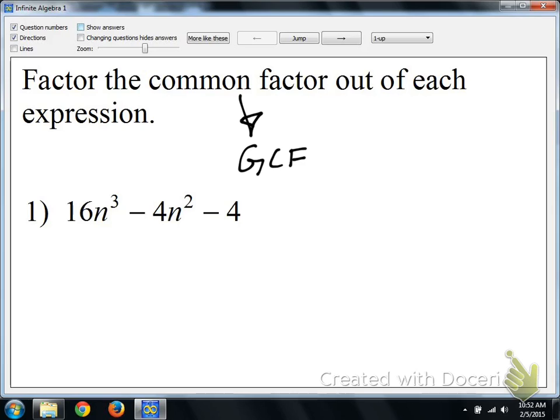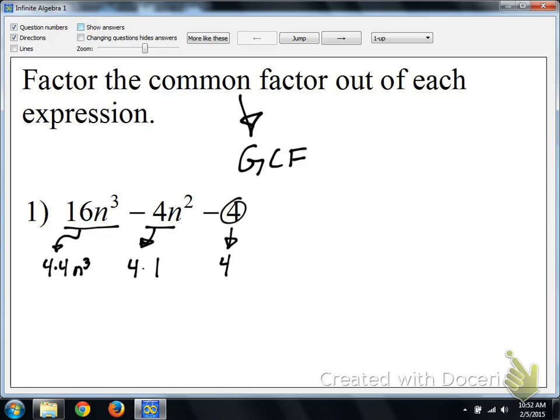First thing we want to do is take each term and factor the numbers. For 16, I'm noticing there's a common number of 4 across, and 16 is 4 times 4. And then we have n cubed. The second term we have 4 times 1, and the third term is 4 also.